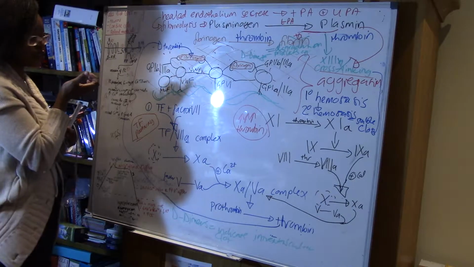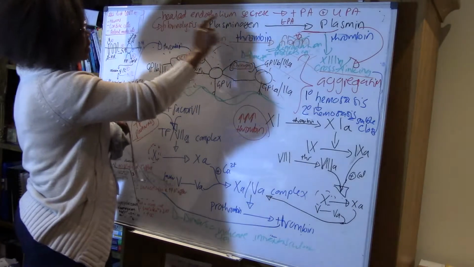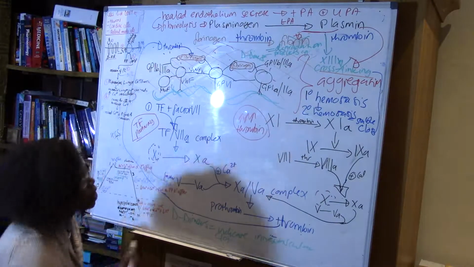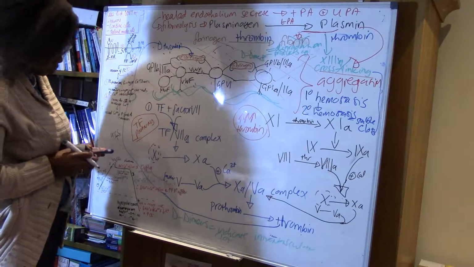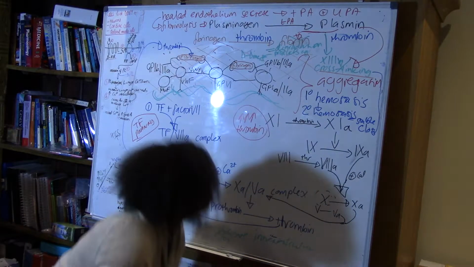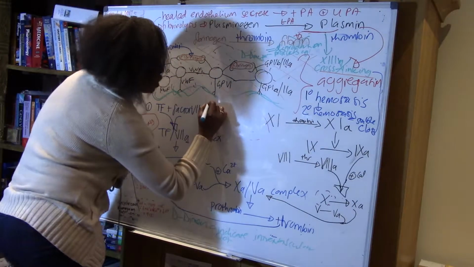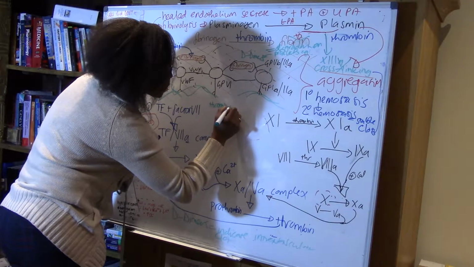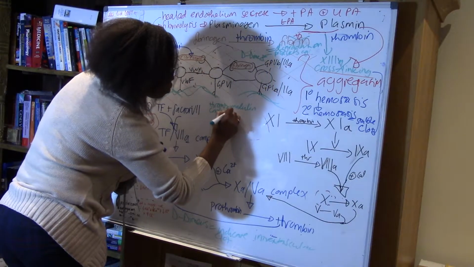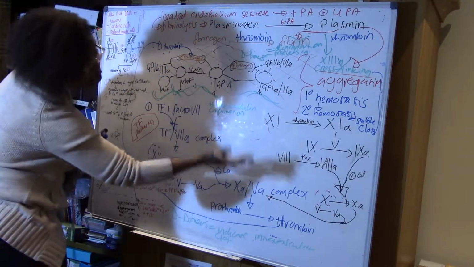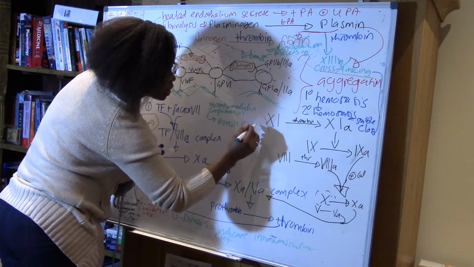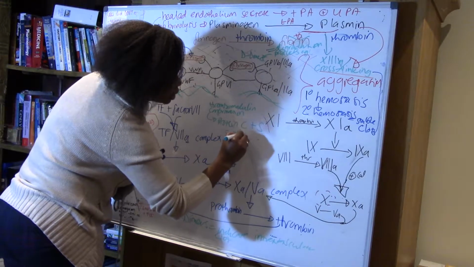Another mechanism that is activated by healed endothelium is the conversion of thrombomodulin and changing its conformation away from activating thrombin to protein C, which mixes with protein S and becomes anti-thrombin.